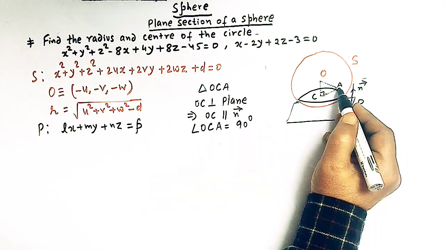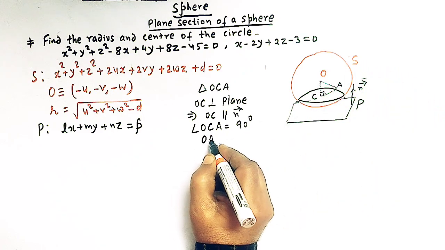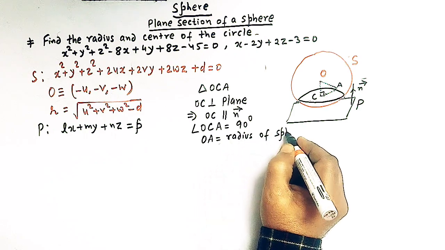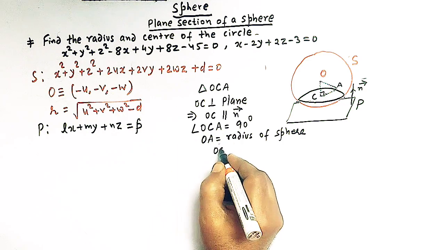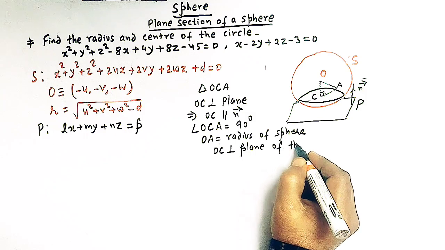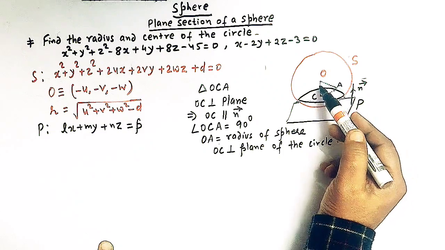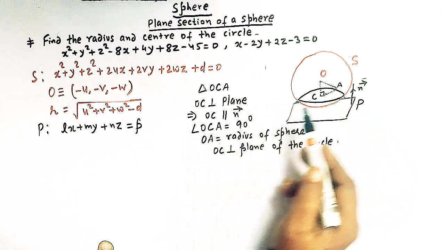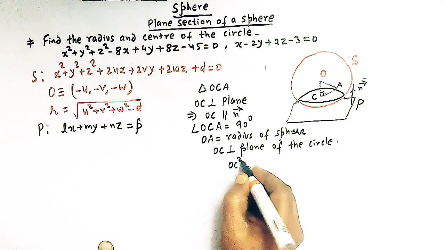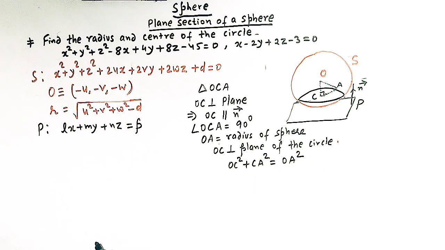And remember, this point A lies on the sphere. So OA is the radius of the sphere, right? And OC is perpendicular to the plane of the circle, right? Okay, so now if we apply the Pythagoras theorem to this right angle triangle OCA, then we can easily write OC square plus CA square is equal to OA square, right?